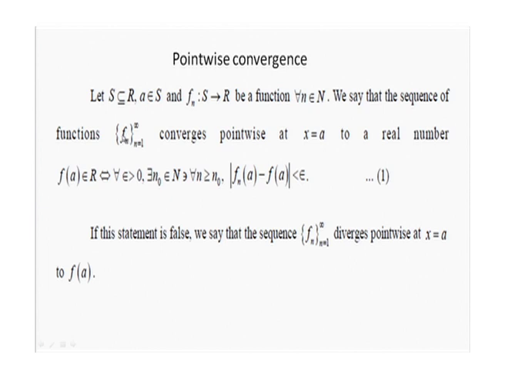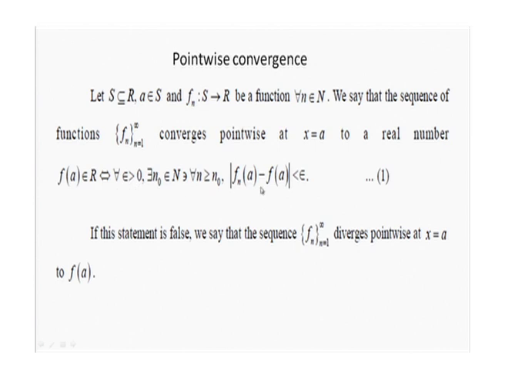We get fn of a. So, fn of a's are real numbers and f of a is a real number, and so fn of a form a sequence of real numbers, and we can speak of the convergence of the sequence fn of a to f of a. And this holds if for every epsilon positive there exists n naught belonging to N such that for all n greater than or equal to n naught, the distance between fn of a and f of a is less than epsilon.